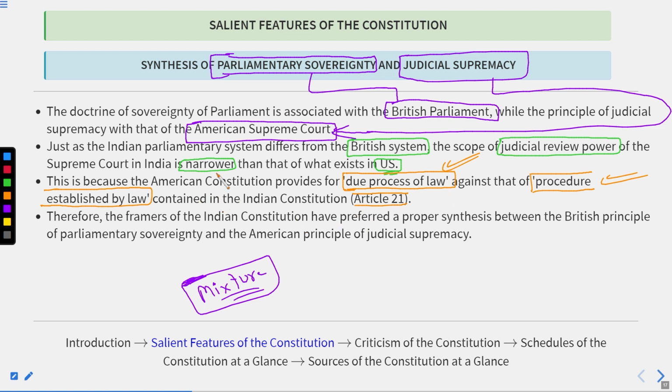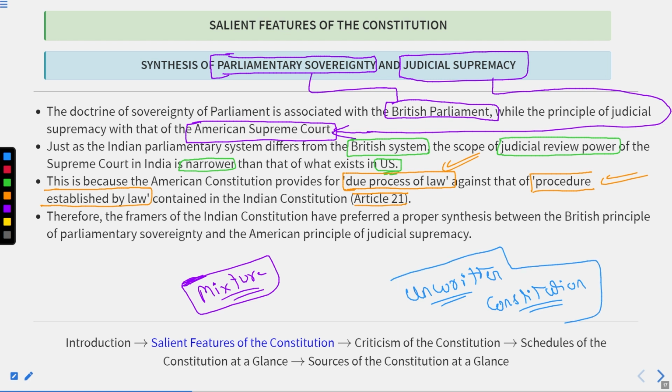Therefore, the framers of the Indian Constitution preferred a proper synthesis between the British principle of parliamentary sovereignty, which exists because there is an unwritten constitution, right? So the parliament gets the power to make modifications.